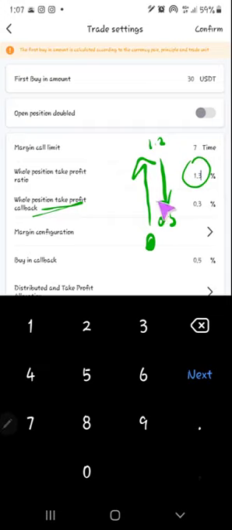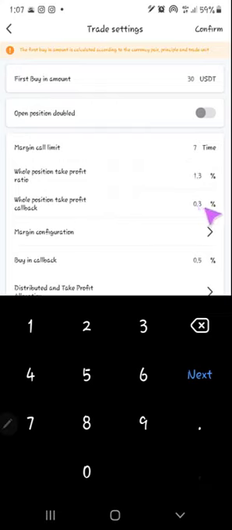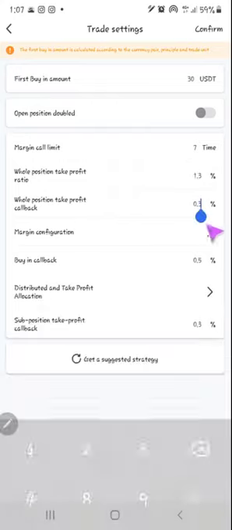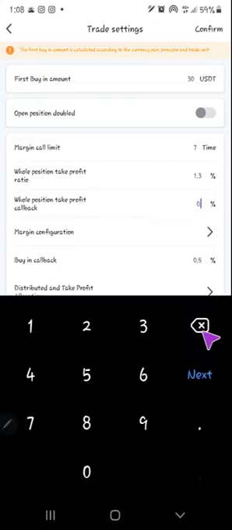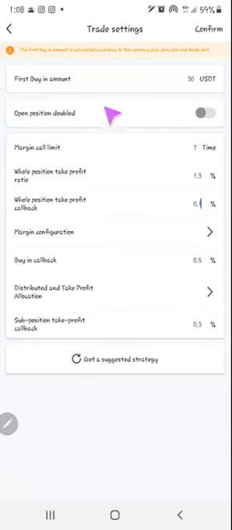But for this training, we are not going to be using 0.3. We are going to be setting our callback to 0.1. So what we have told the robot to do is, in a situation whereby the coin is pumping, and before it gets to 1.3, let's say at 1.25, the market starts going down. If it goes down by 0.1, you are telling the robot, sell.